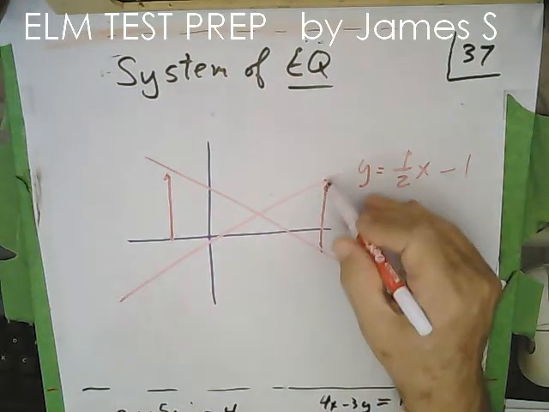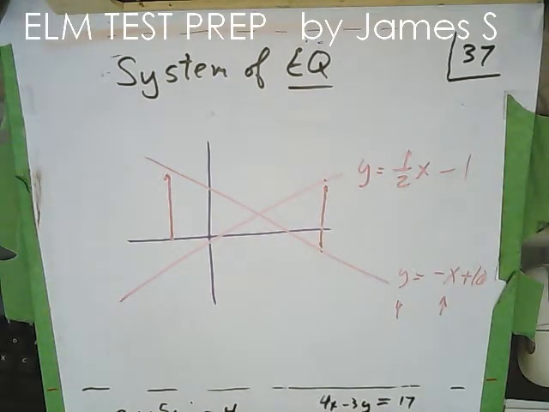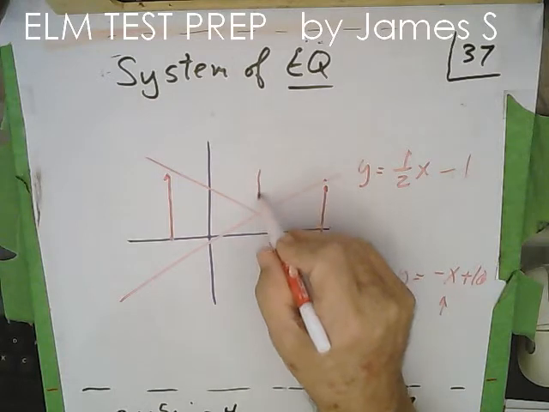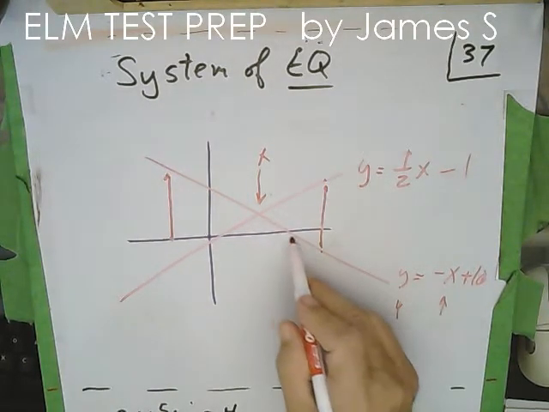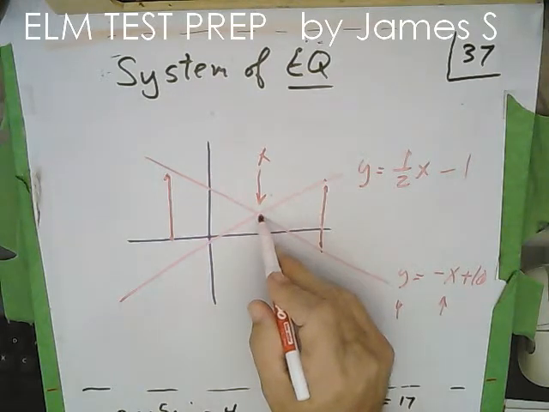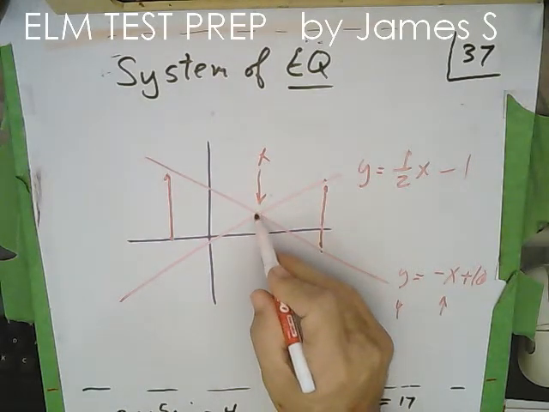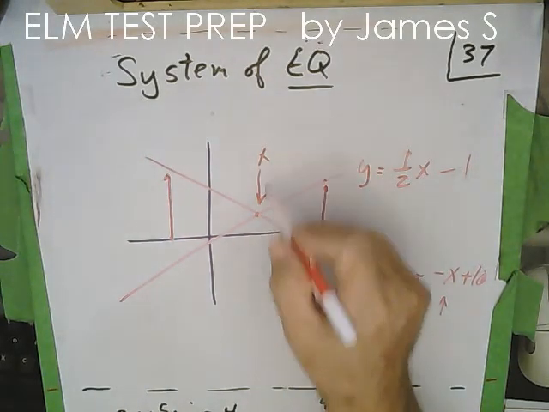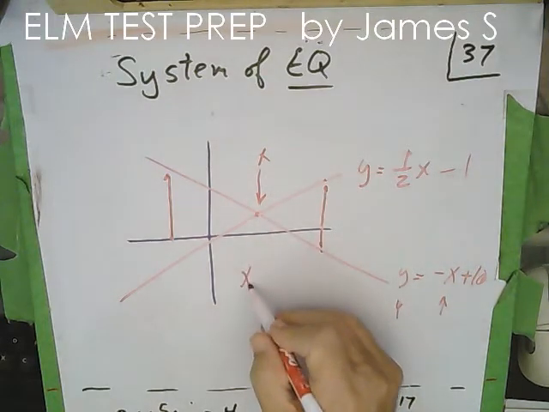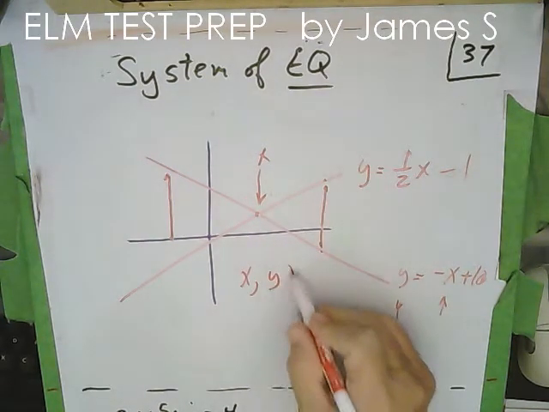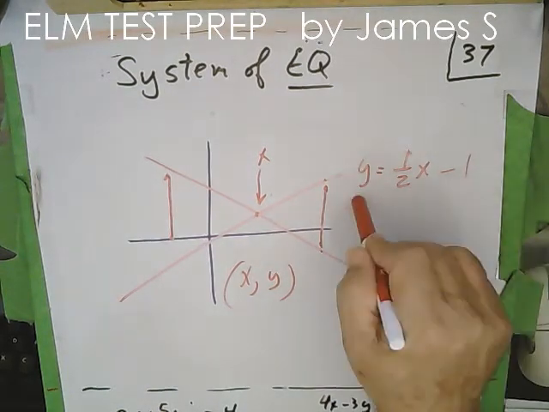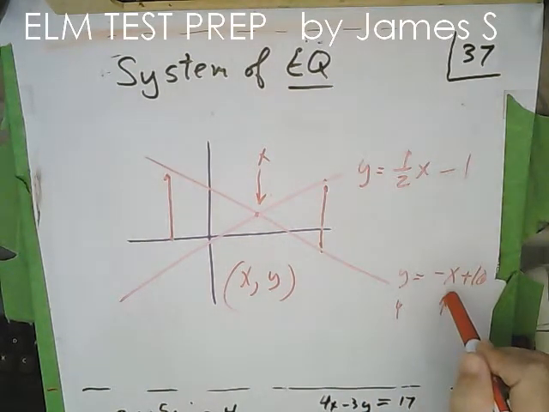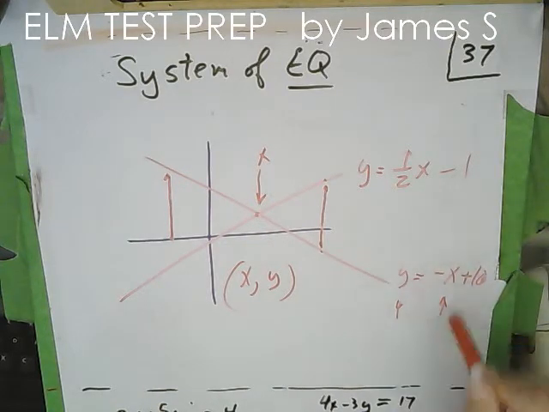So I have two points with the same x. As I approach this x value, my y's begin to come to the same point. So my solution here is where I have the same x and the same y. An x here gives me a certain y, and that x gives me the same y out of this equation.